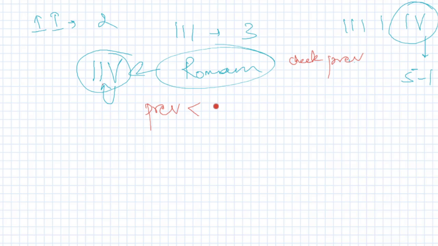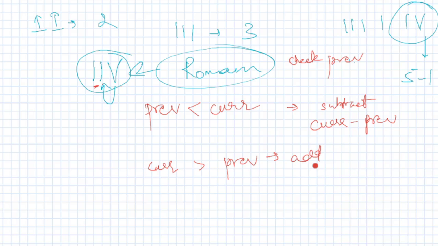If previous is less than the current, that means you have to subtract, current minus previous. And similarly, if it's the opposite, you have to add, current plus previous.